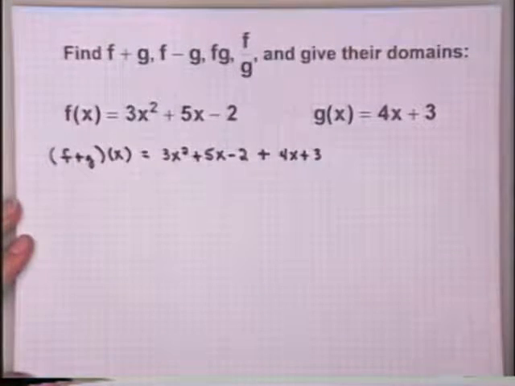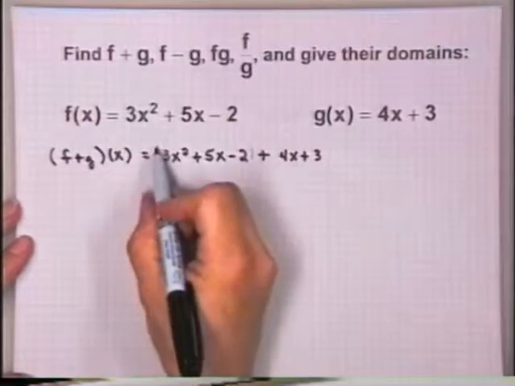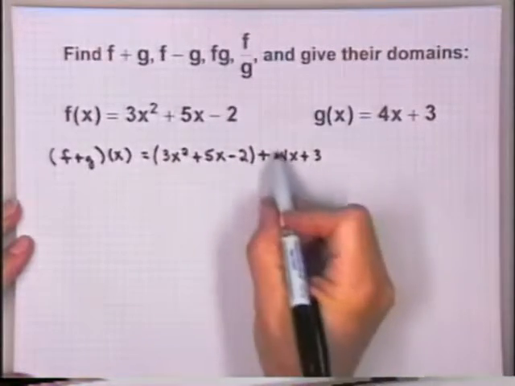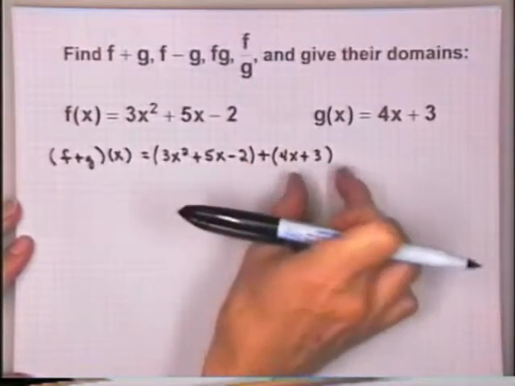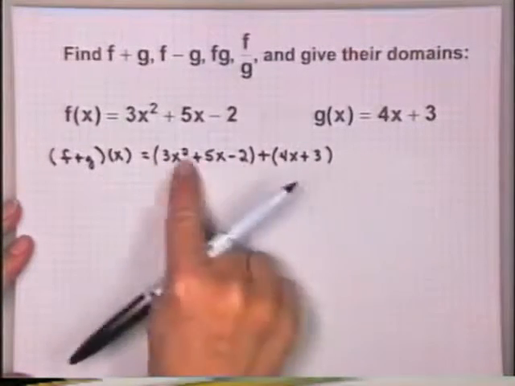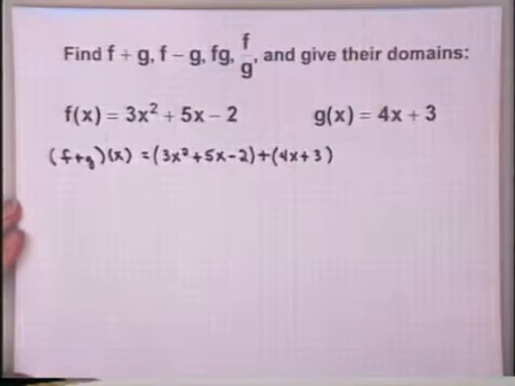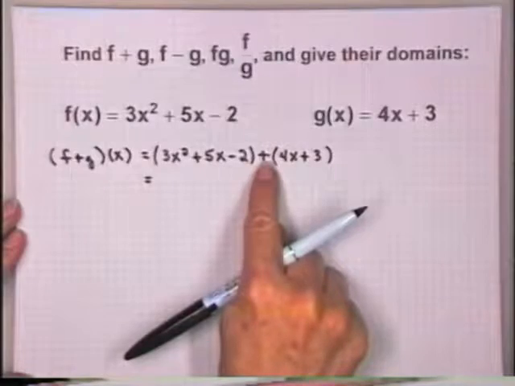Now, if you want to, for emphasis here, you could, of course, put parentheses around f of x. Let me put that in. And g of x. And show that you're taking f of x and you're adding g of x. Of course, when you're adding, it isn't necessary to put those parentheses in because when you eliminate parentheses, none of the signs would change. So let's just look at this and do the addition.